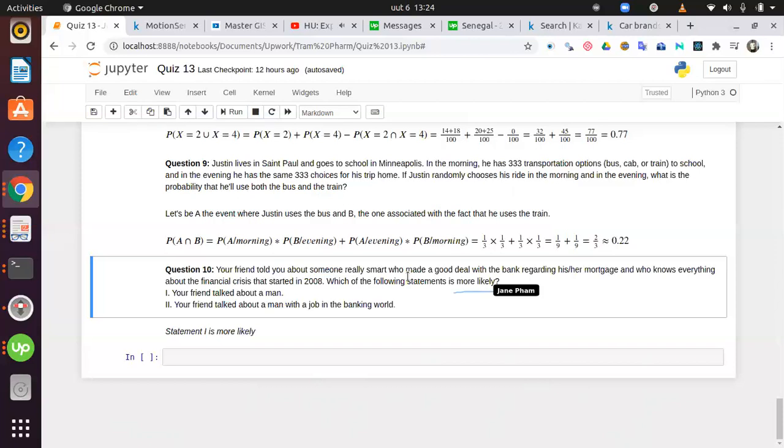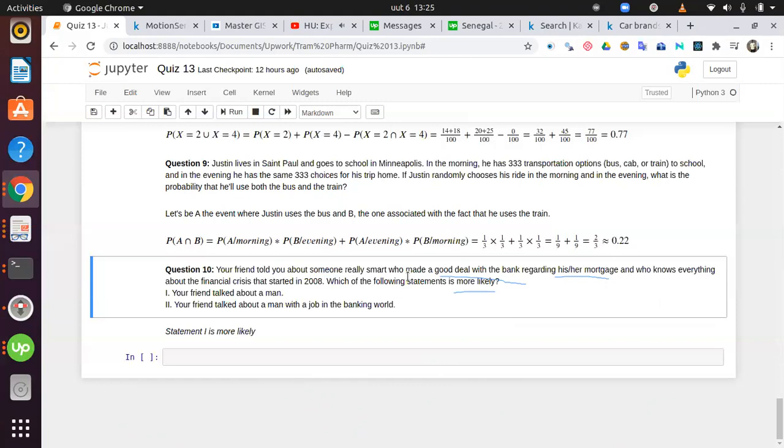Your friend told you about someone really smart who made a good deal with a bank. Your friend talked about the man with the job.